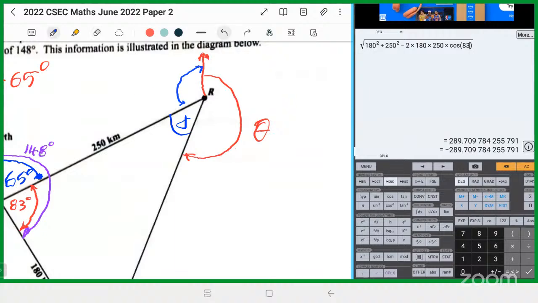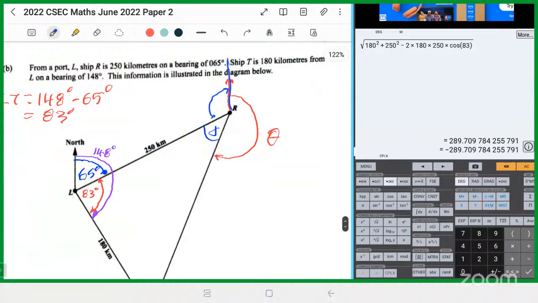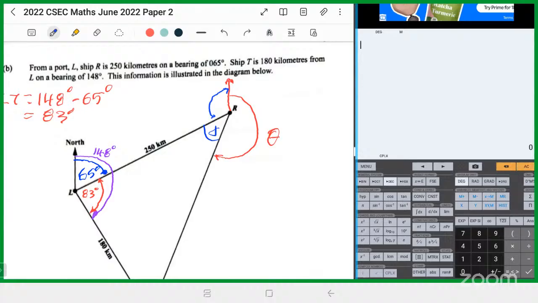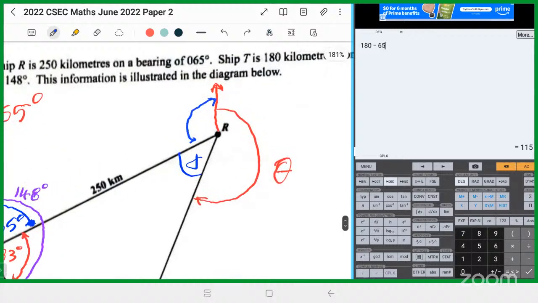Well, this angle is in this U. This part of the U is 65 degrees. I need to find this other angle in the U. So this angle over here that we want becomes 180 minus 65, that's 115. So this angle inside is 115 degrees.